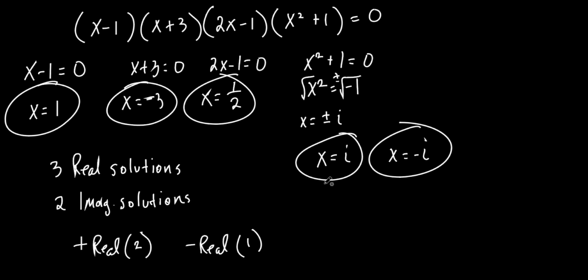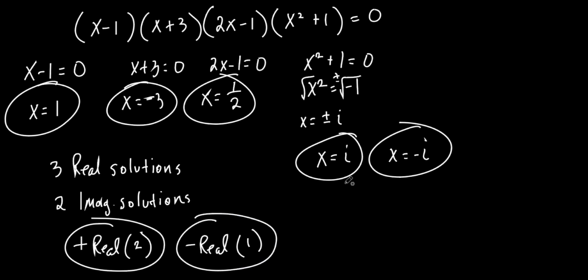You could always just do this and figure that out, but there's this thing called the Descartes rule of signs, and before you even do the whole problem, it will tell you how many positive real solutions you're going to have, how many negative real solutions, and how many imaginary solutions, before you even do the problem, all right?